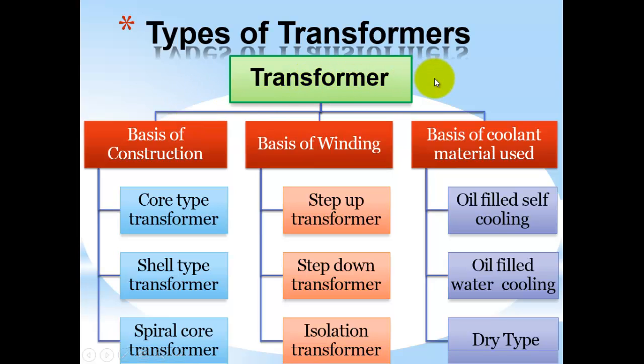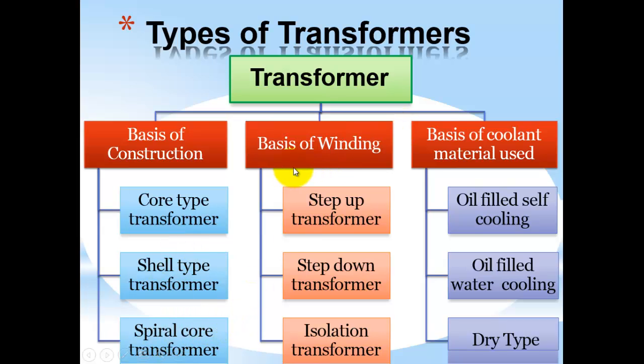The transformers have different types based on construction, the type of windings, and the type of cooling method. On the basis of construction, it is classified into core type transformer, shell type, and the spiral core transformer.